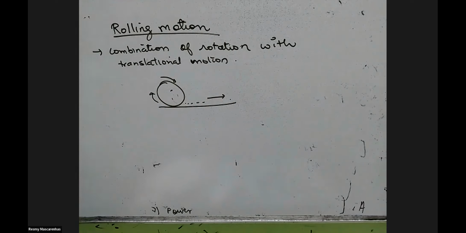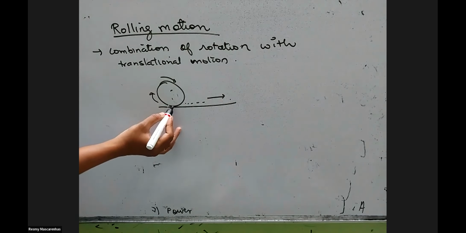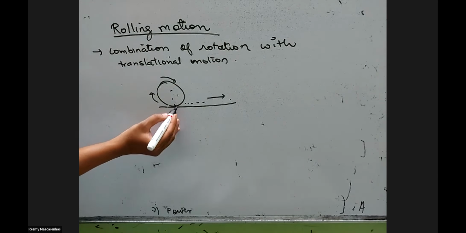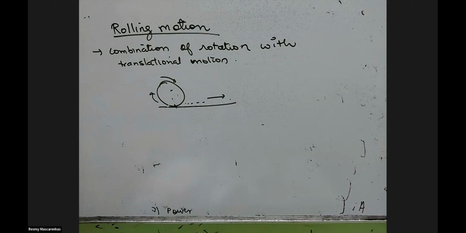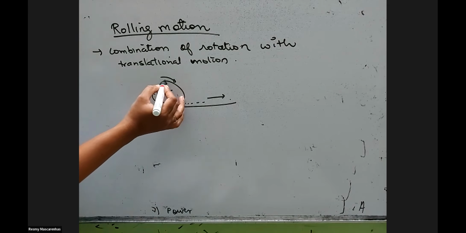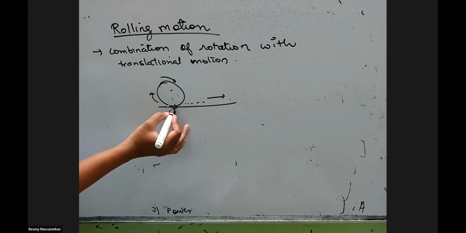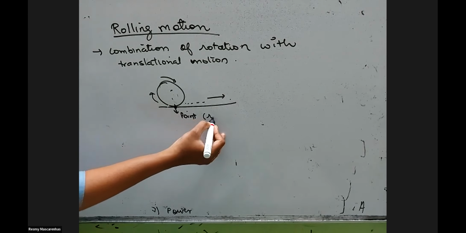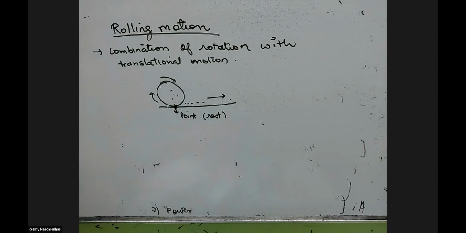If you consider any disc, now this is rolling, suppose it is coming to a halt. The moment this point reaches here, just imagine this point in contact with the surface will always be at rest. For a short fraction of a time, it looks as if this point is at rest.